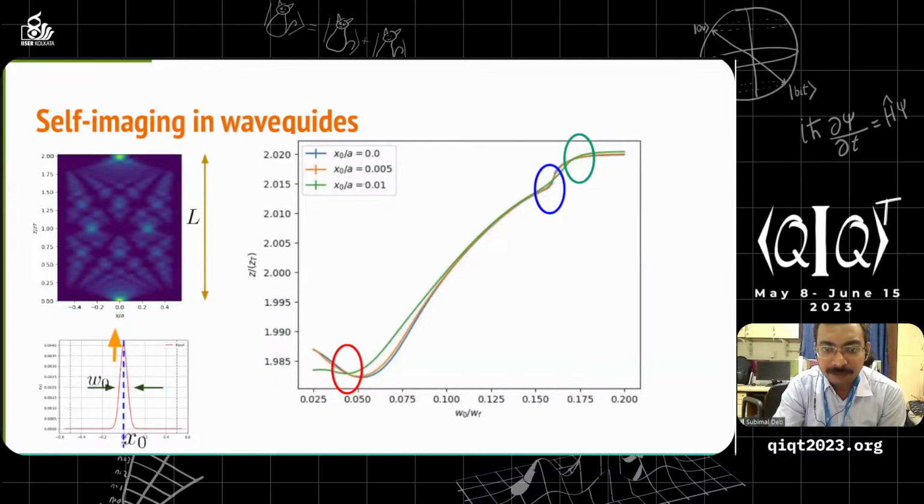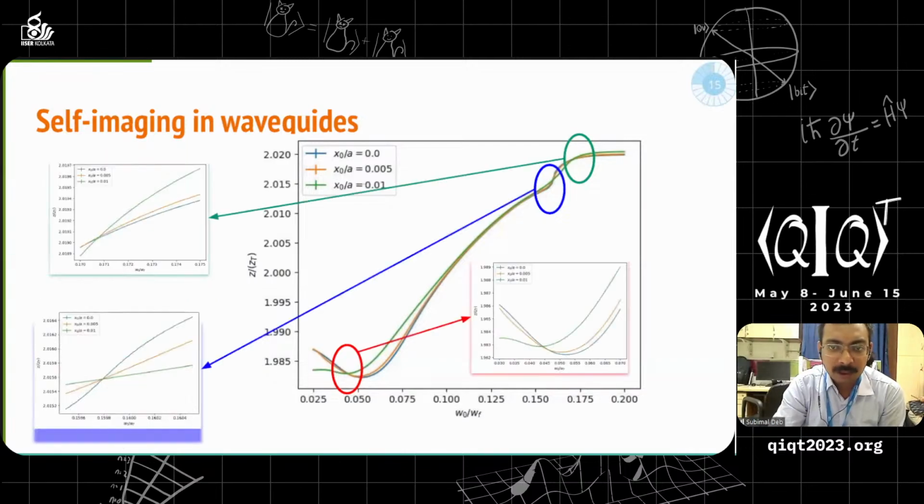So now let us take a very close look at these plots. I have expanded those regions of the plots in three insets. If you see carefully, the region marked in red and the region marked in green, the curves cross, but they do not cross exactly at the same point.